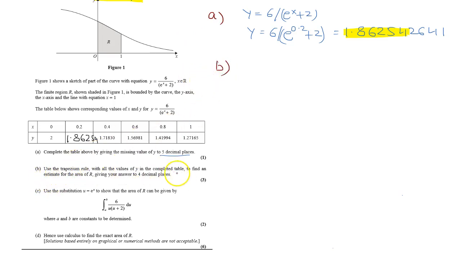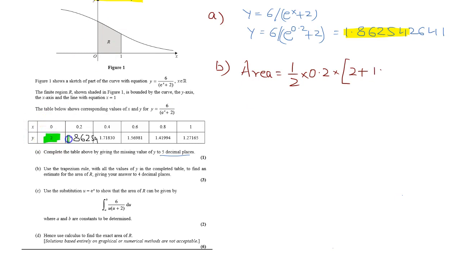Now part B is use the trapezium rule to find the area. So the area will be half multiplied by h, which is 0.2 minus 0, which is 0.2, multiplied by the extreme values.